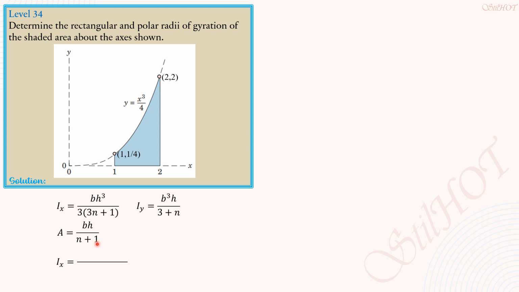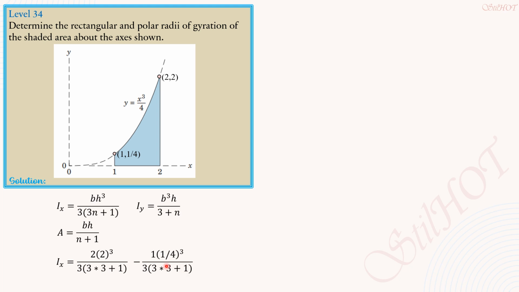So Ix is 2 cubed over 3 times (3 times 3 plus 1). So this is 16 over 30, or 8 over 15. Then minus 1 times (1/4) cubed over 3 times (3 times 3 plus 1) for this part here.